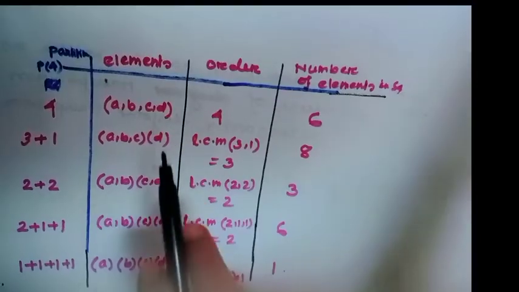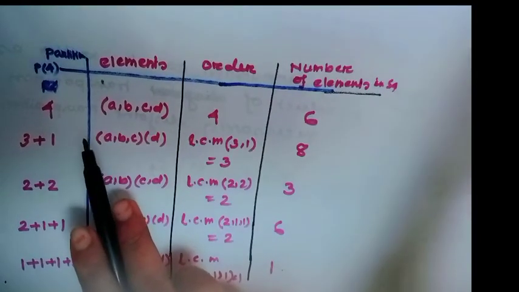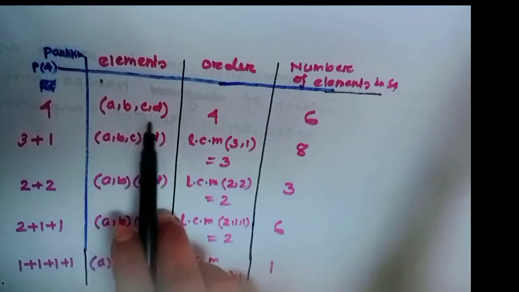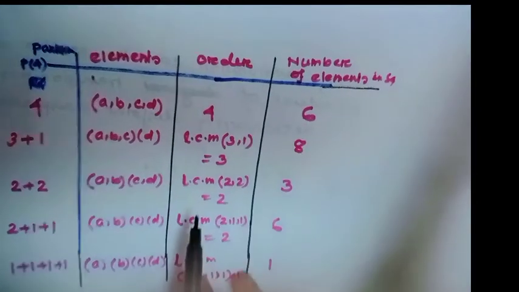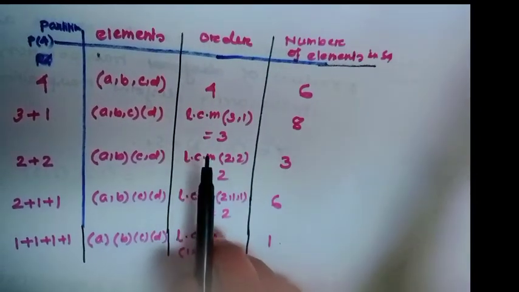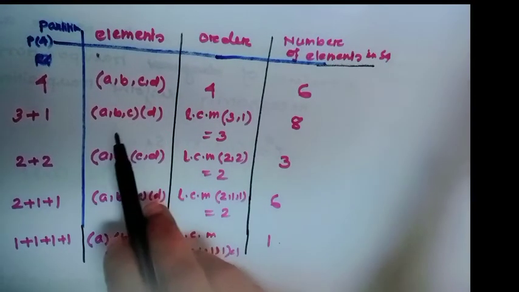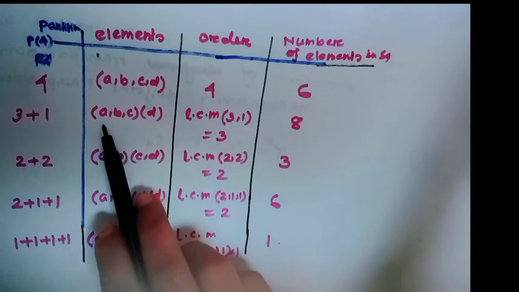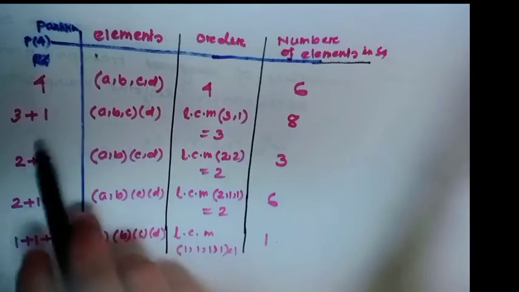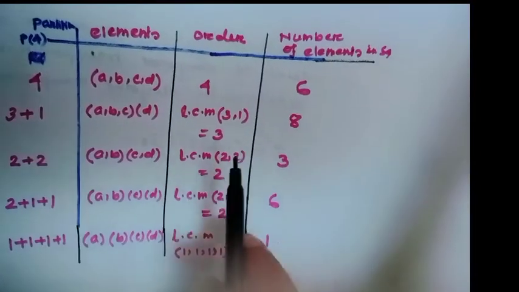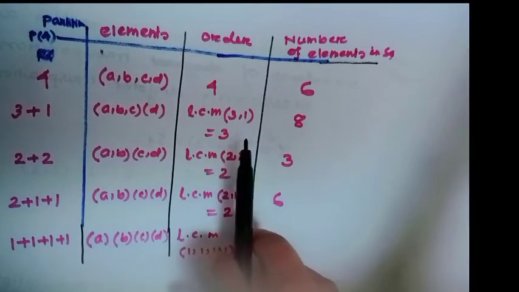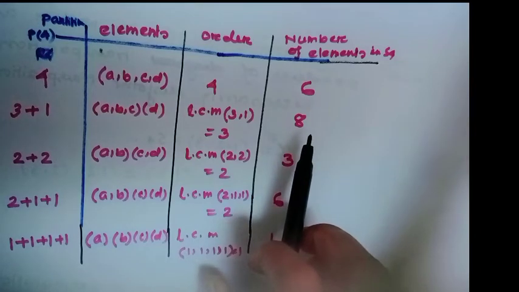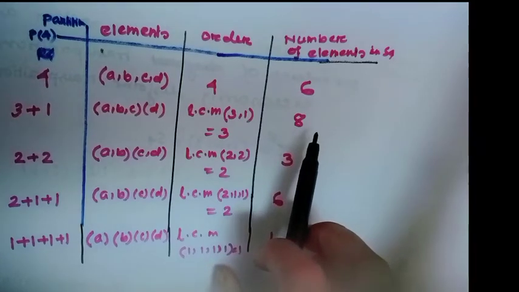Well, at first there exists an element of order 4, a b c d. Number of elements of order 4 is 6. The other element of order 3 is cycle type a b c d, that means the partition 3 plus 1, and this is order 3 because LCM of 3, 1 equals 3, and by this formula the number of elements is 8.